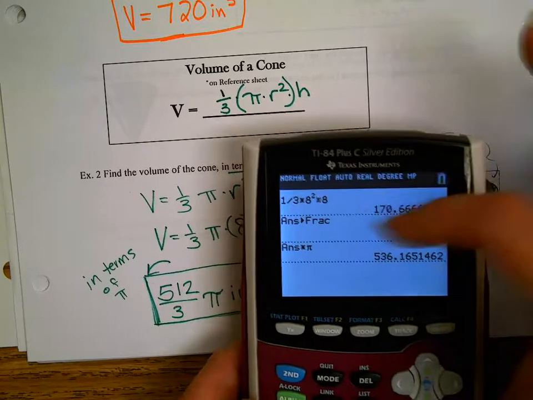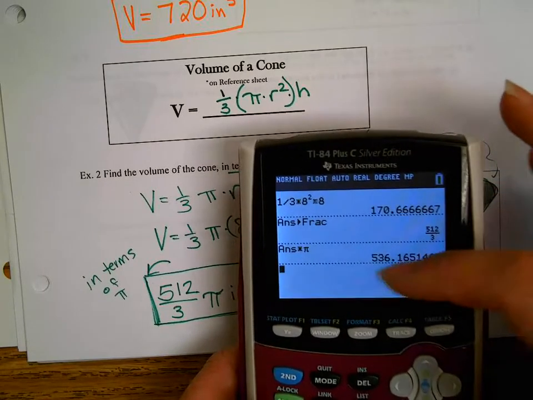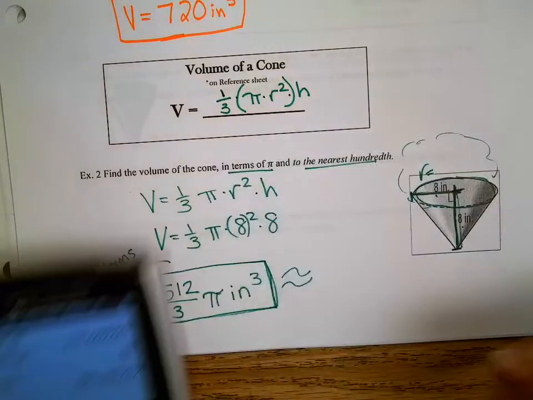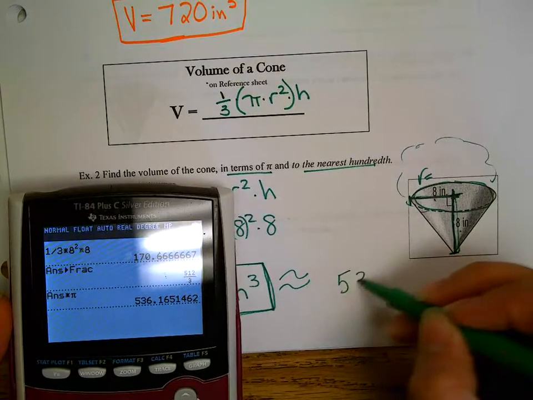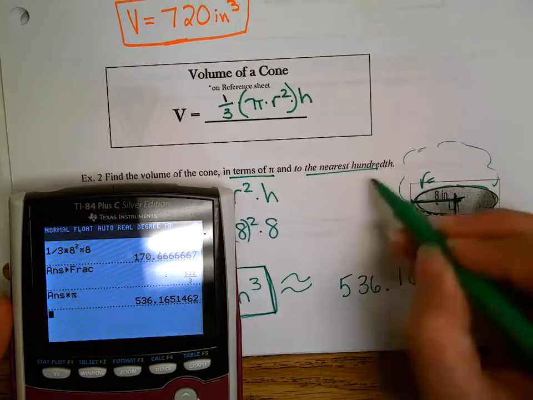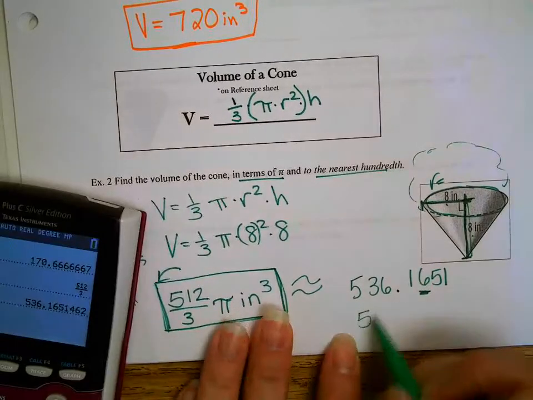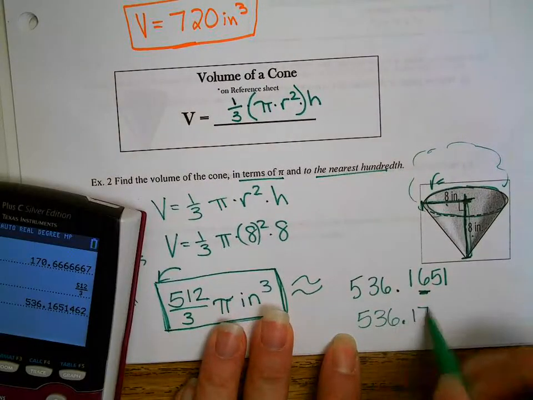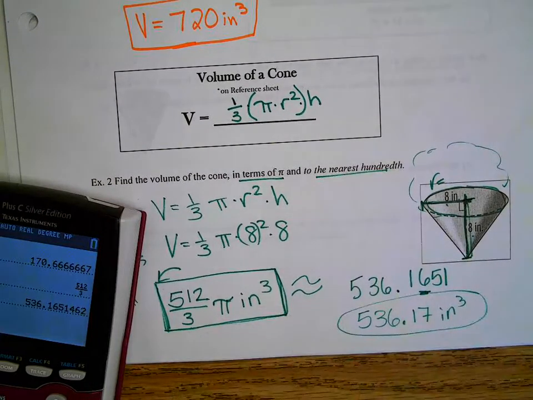So again, the answer was about 170, 3 times over does give us about 540. Okay? So our final answer here is 536.1651. Rounding to the hundredths, please, is where our 6 is, 536.17 inches cubed. So that's how many cubic inches we would fit into there.